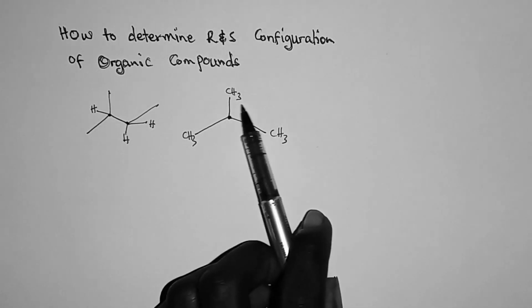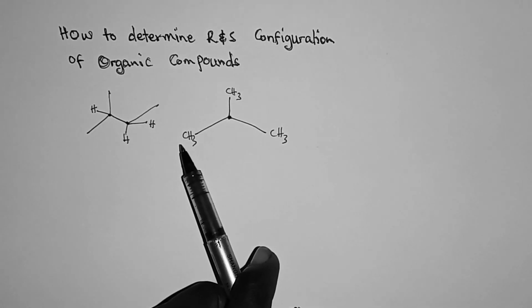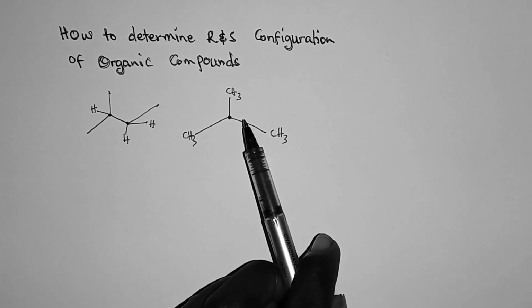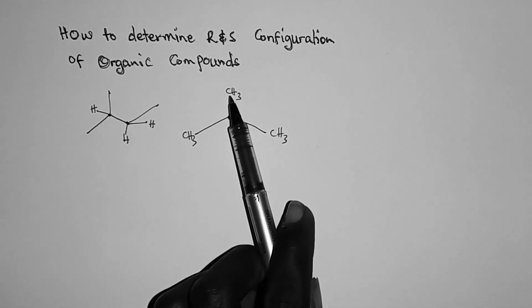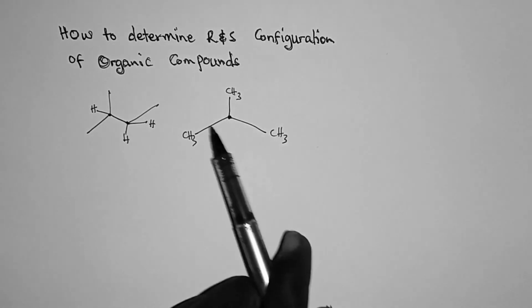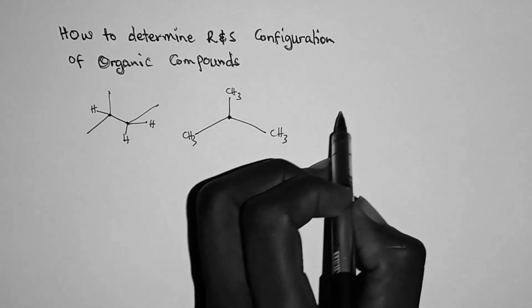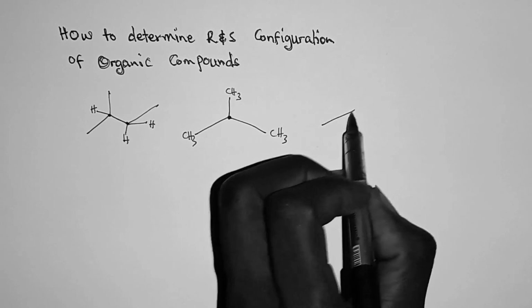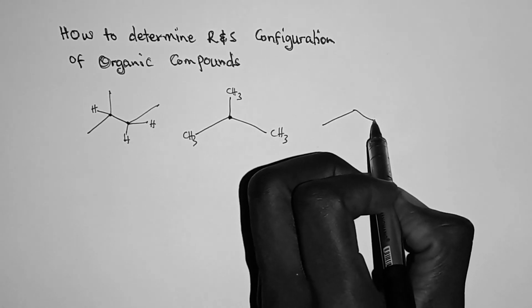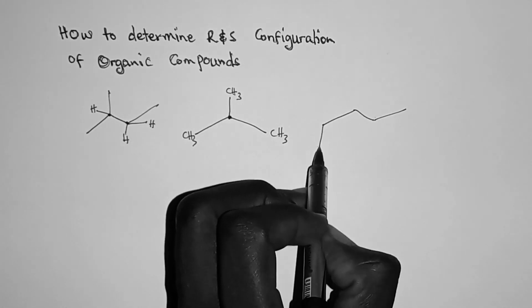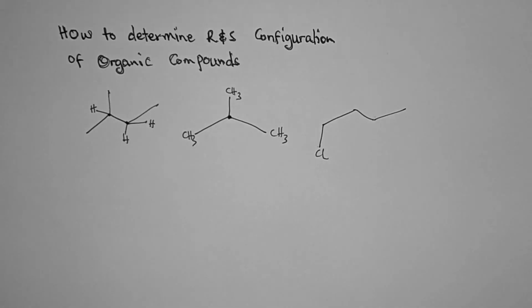The way we determine whether groups are equal or not is by their molar mass. So we use molar mass to differentiate the various groups that are bonded to the carbon. Let's consider this molecule as well. And here is a chlorine. Is there any chiral center here?